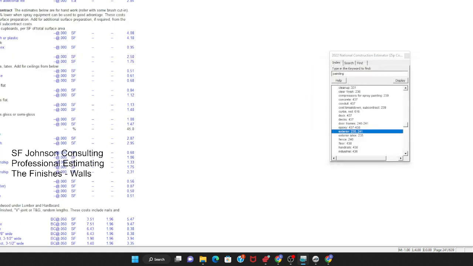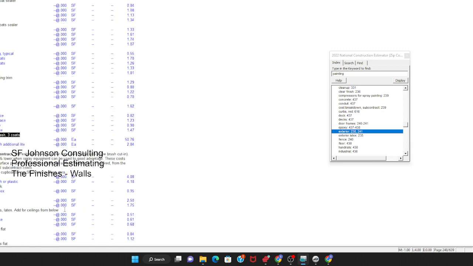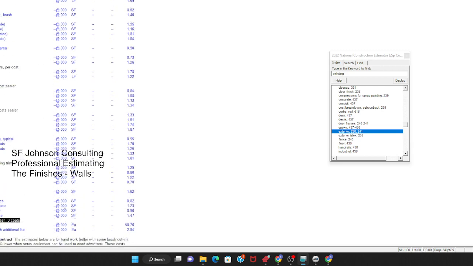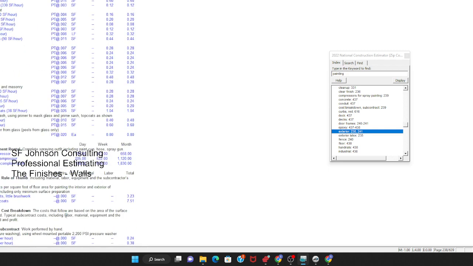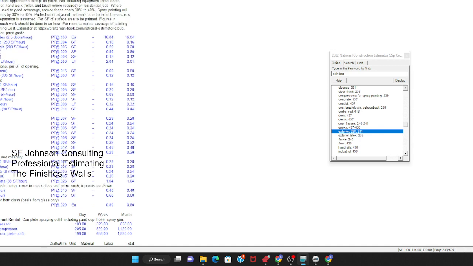No, we don't want a subcontractor. We want, here we go. Labor. Painting labor. Single cost applications except as noted. And this is just the labor, not including the paint and everything, just the labor, right?